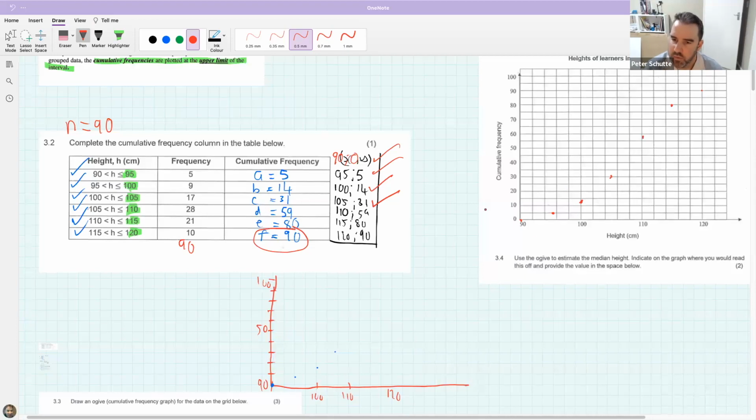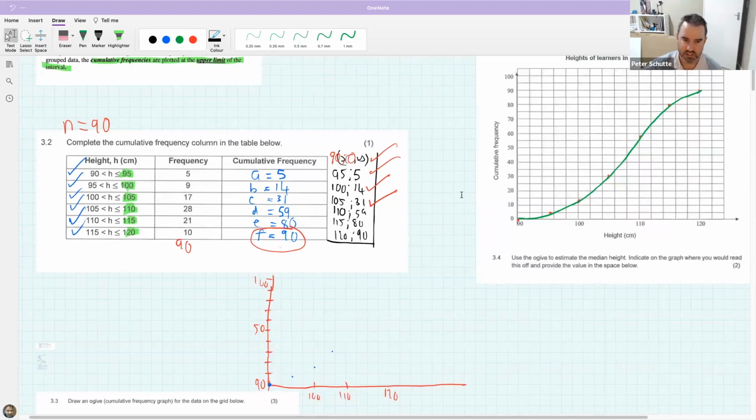And so we have the extra point for grounding, and then we have 6 more points. And the ogive doesn't have straight lines, it has curved lines. And so it actually looks like that. And that would be my ogive, simple as that.